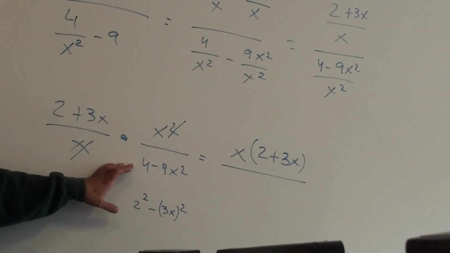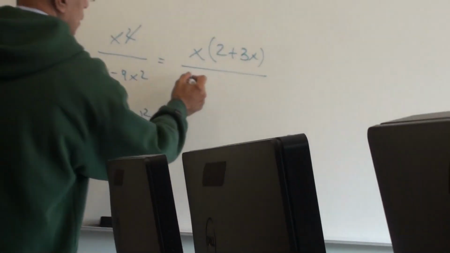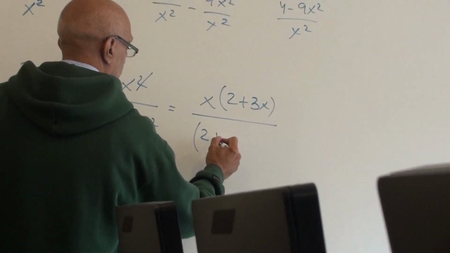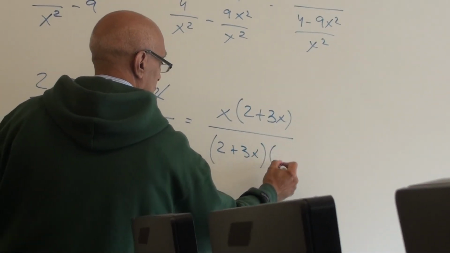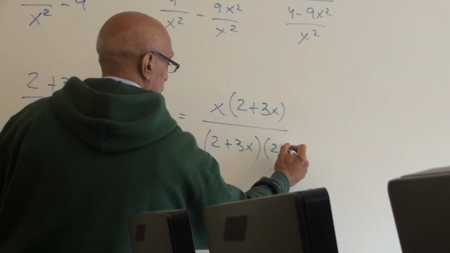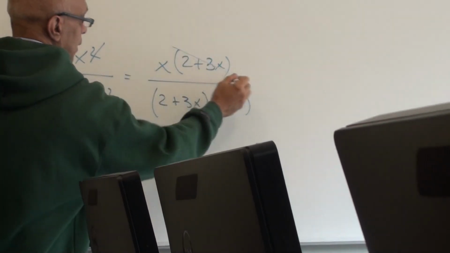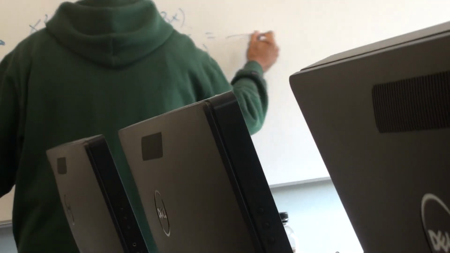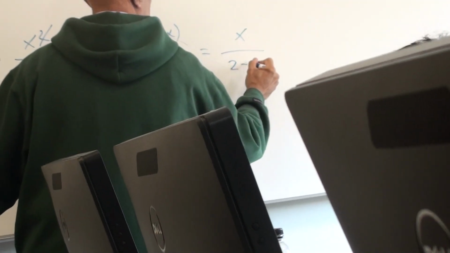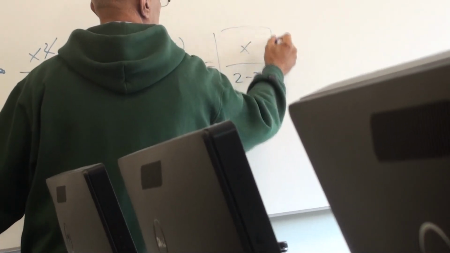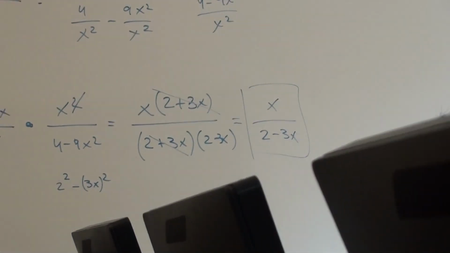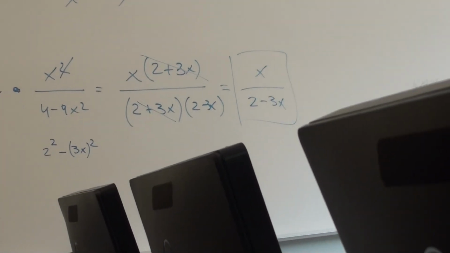And this guy here, now I'll be able to factor, is going to be 2 plus 3x, 2 minus 3x, okay? So I can again simplify this guy with this guy, so I'm going to have x over 2 minus 3x, okay? All right? This is good?